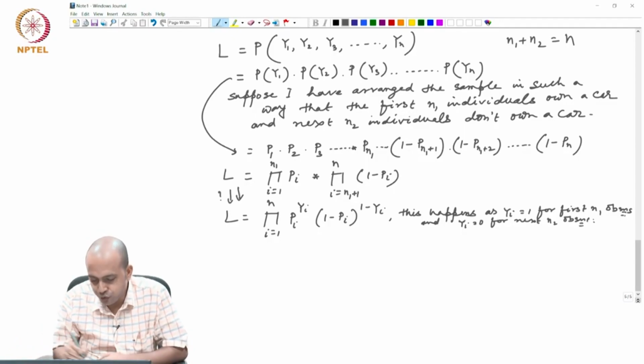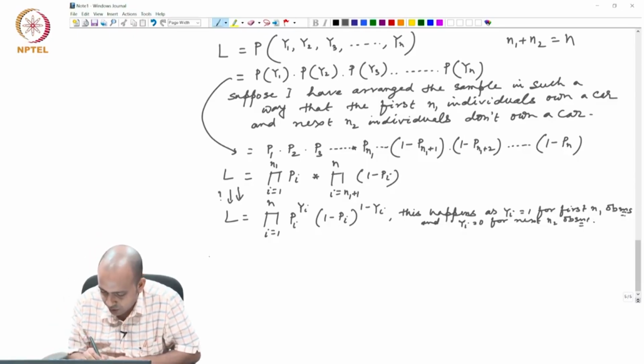Okay. Now, if you take log, then what will happen? If you take log of L, what can you write?